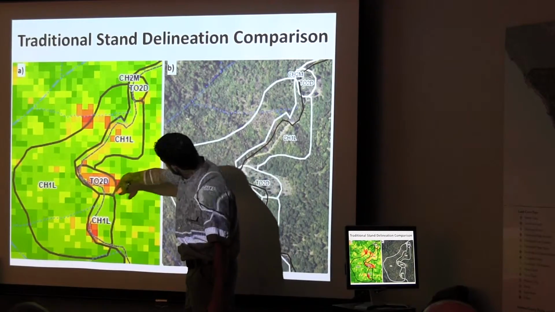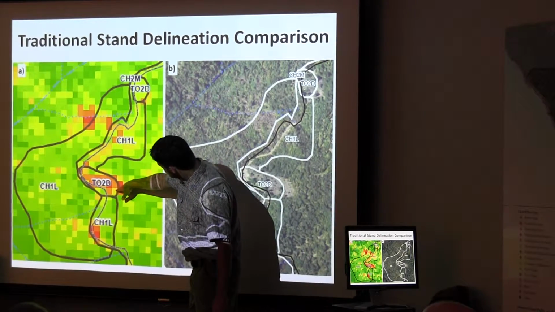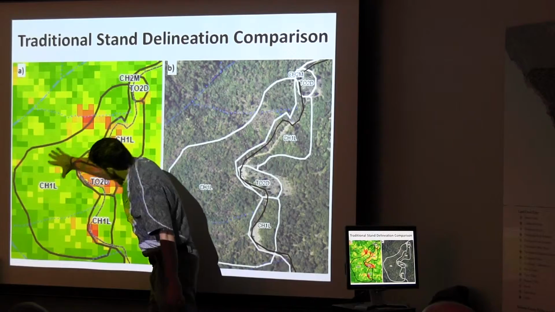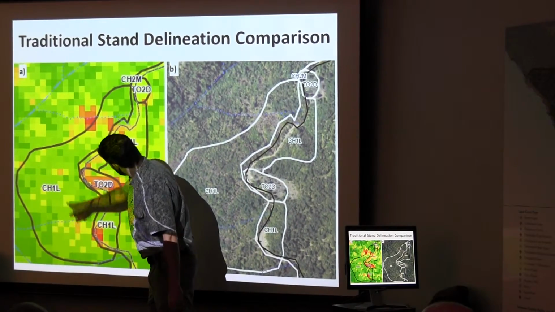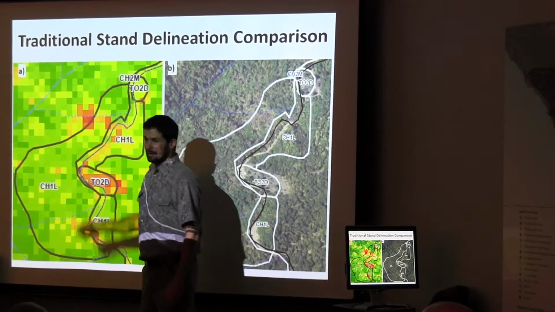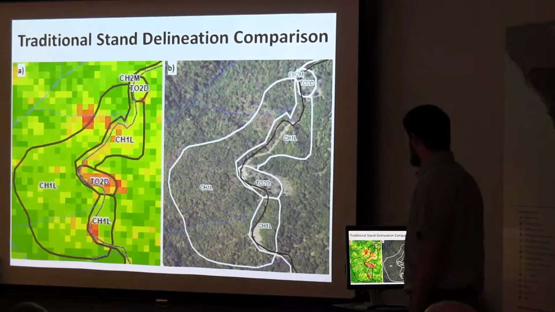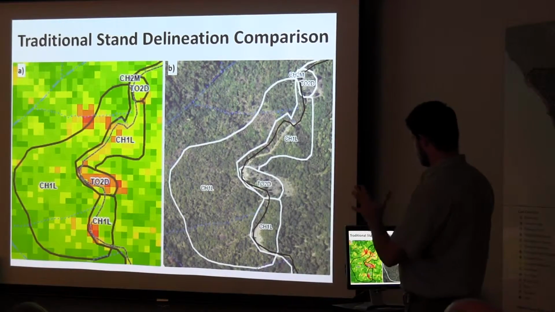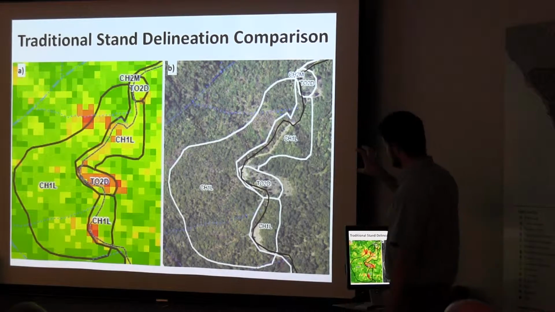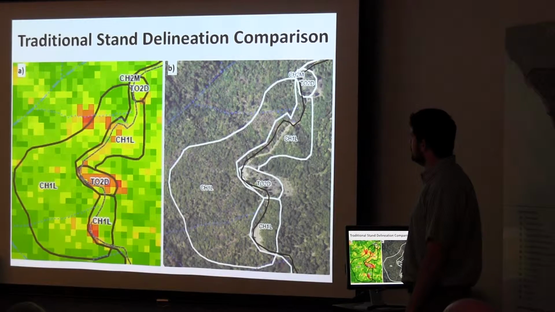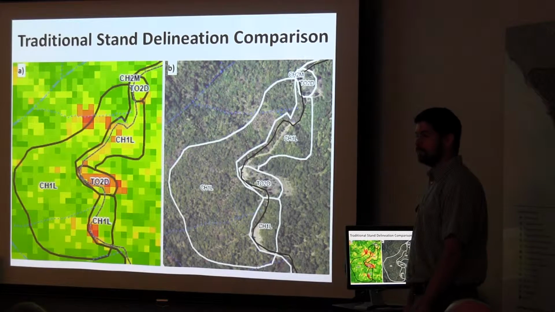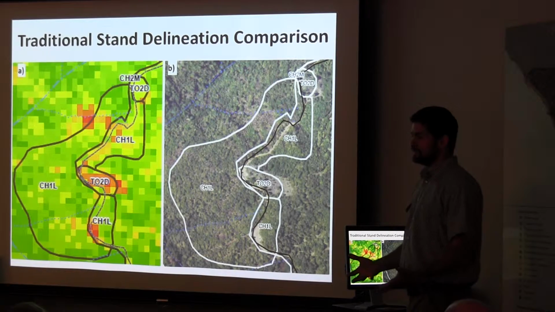And they do correspond roughly, but you can see that within this broader stand, there are some cells here that our new strata system says are different, and they get a different call. And there's a little bit of georectification here, so it's a little bit offset, but it's much different than how people traditionally would think about making stands.